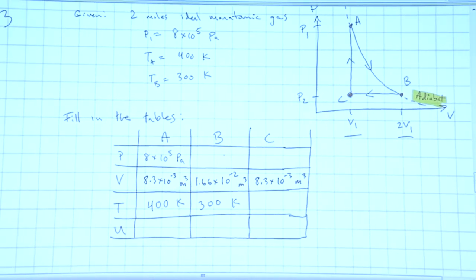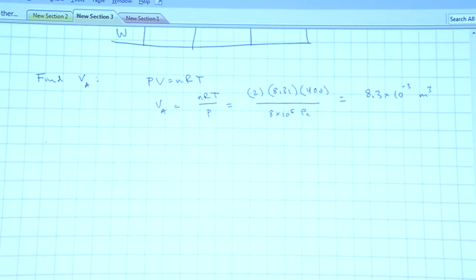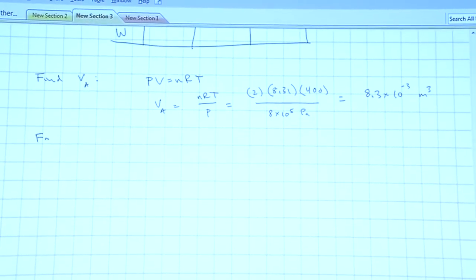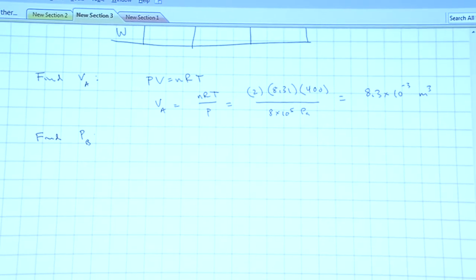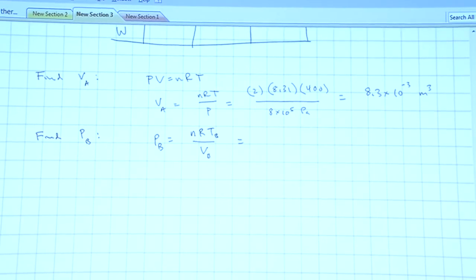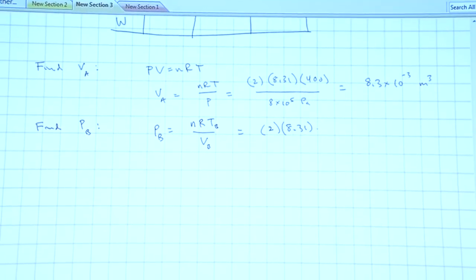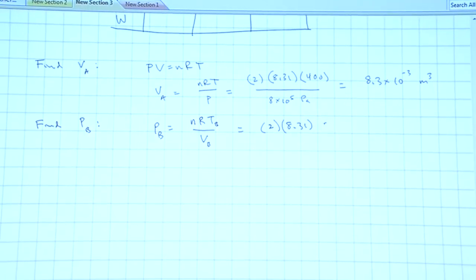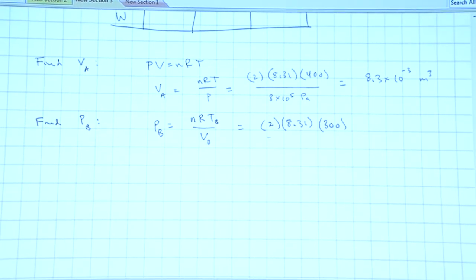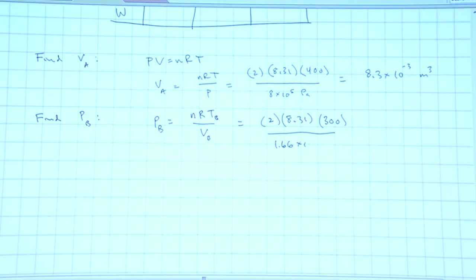Now I can find the pressure at B. And what was the temperature at B? 300 K. And the volume at B, 1.66 times 10 to the minus 2.